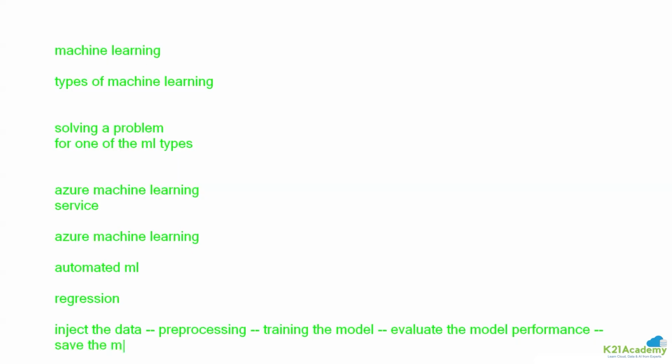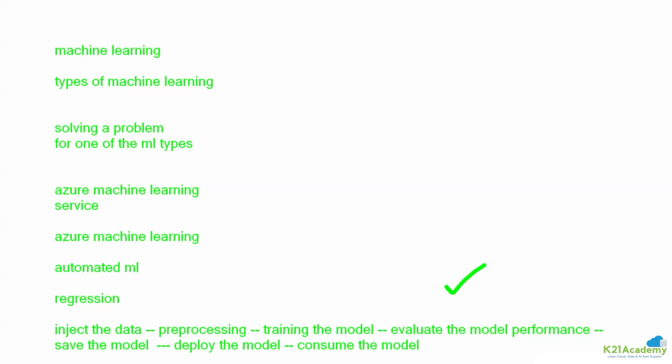Once we save the model, then we will go ahead and deploy the model. And once we deploy the model, then we can consume the model. This is what we are basically going to do today. This is what our aim is.